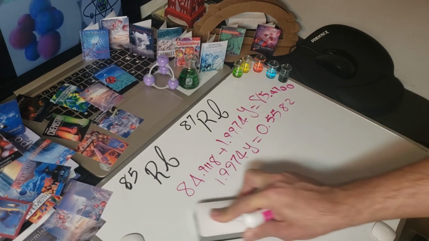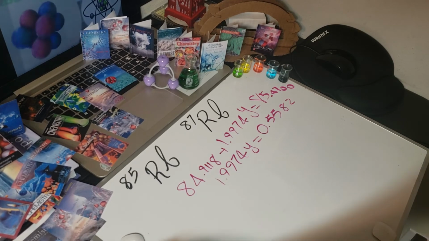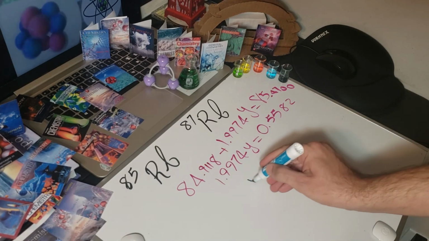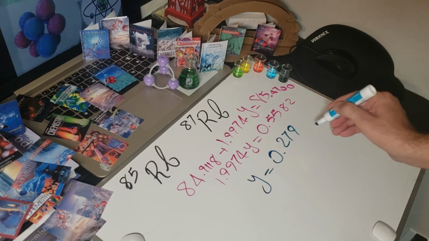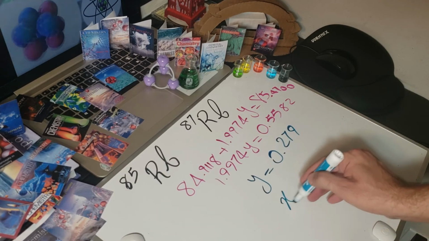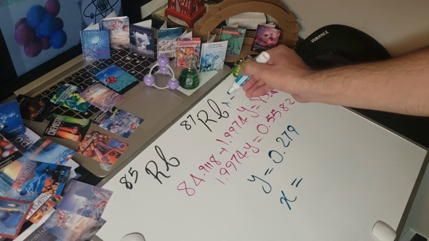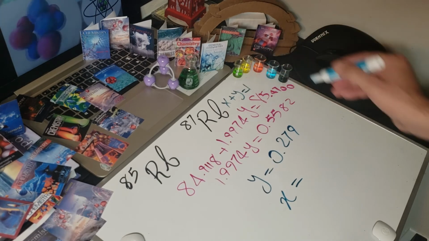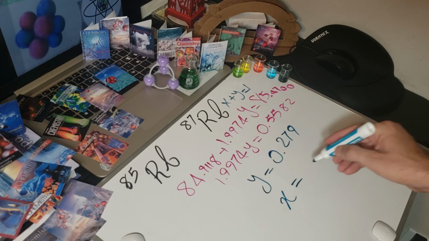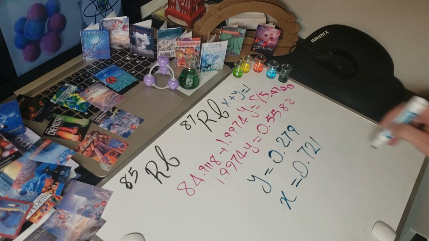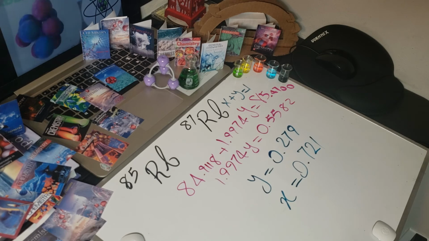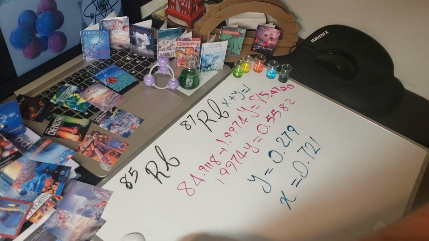Then you could see that y becomes 0.279, and x then becomes, because remember x plus y is just 1, 1 minus that number would give you the other fraction, which is 0.721. Okay, and if I just multiply them by 100, I can find the percentage.